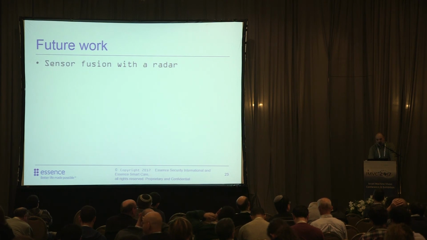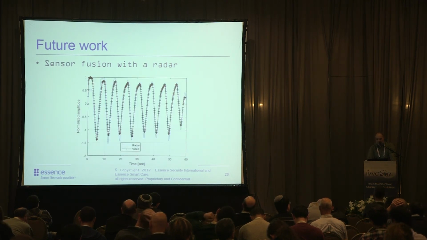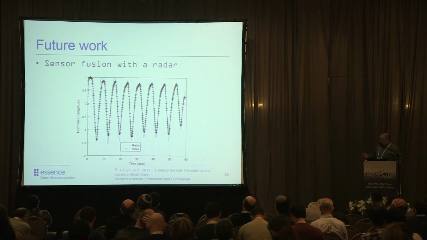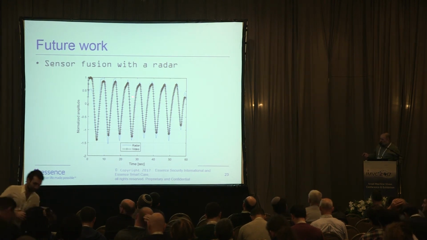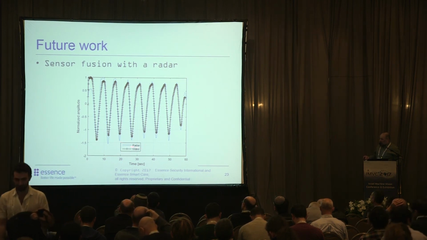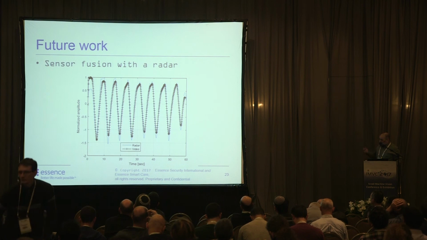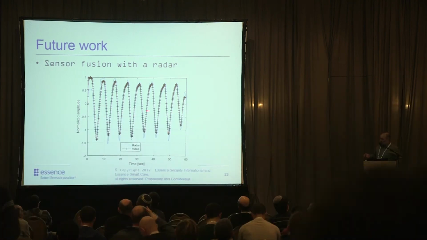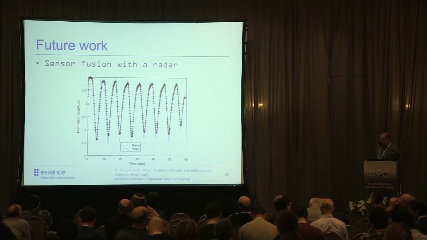We've done some experimenting on the feasibility of fusing, and we can see on this graph an almost perfect correlation between the radar reading, which is the blue line, and the video output of this algorithm, which is the black line.